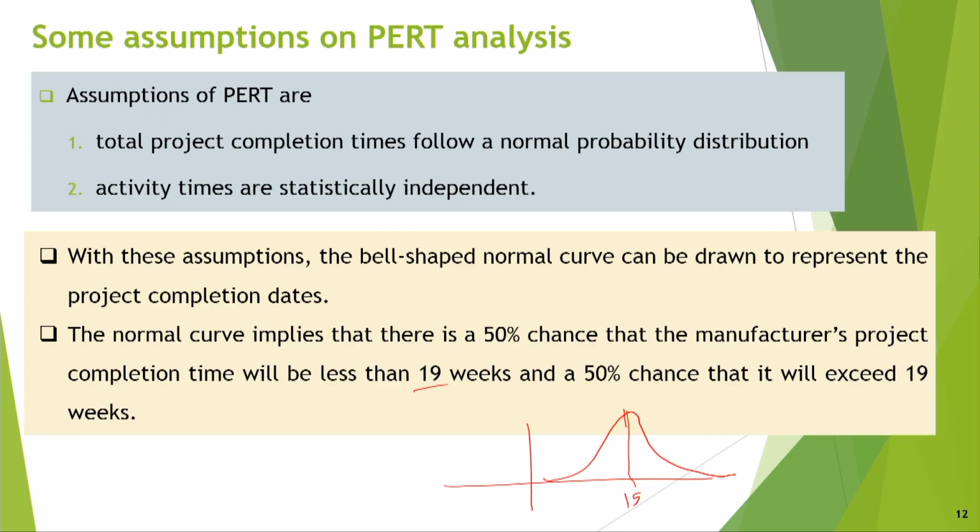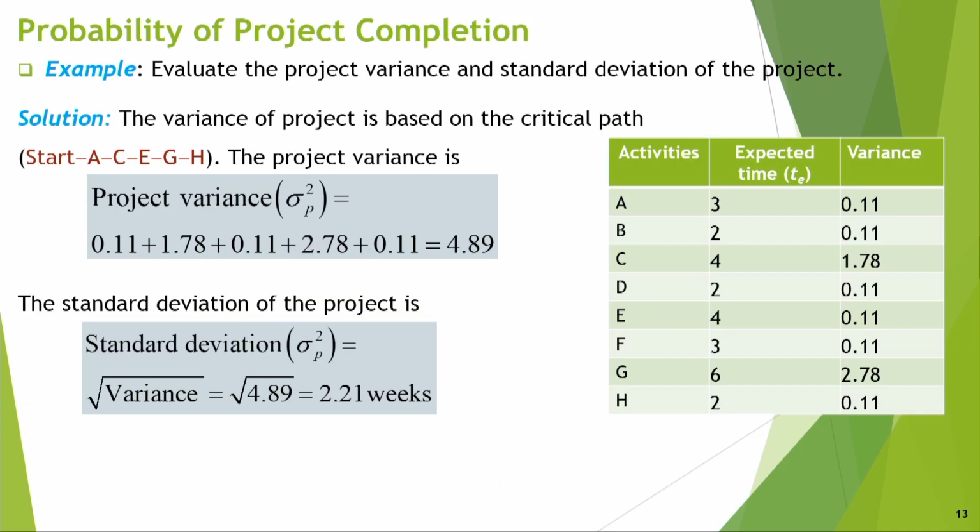Suppose you get 19 weeks. So, only 50% chances are there. But if you want to increase your chance, naturally you have to increase the duration. 50% chances are that it will exceed 19 weeks, 50% chances are that it will be less than 19 weeks.